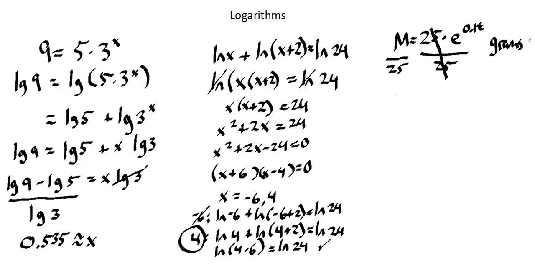I now have m divided by 25 equals e to the power of 0.1t. Now I can use my relationships between exponents and logs to restructure the equation as follows. Actually, before I do that, let's trace and then do some simplification afterwards.